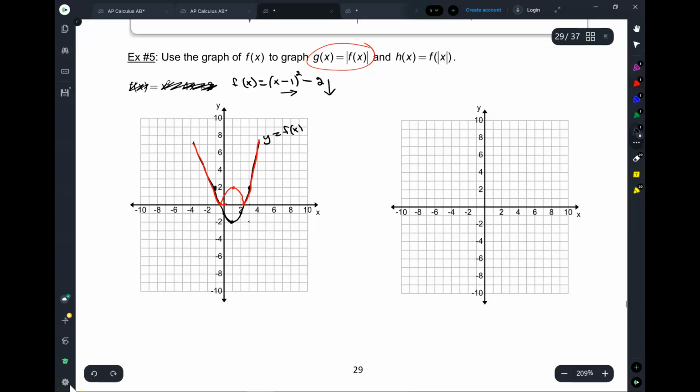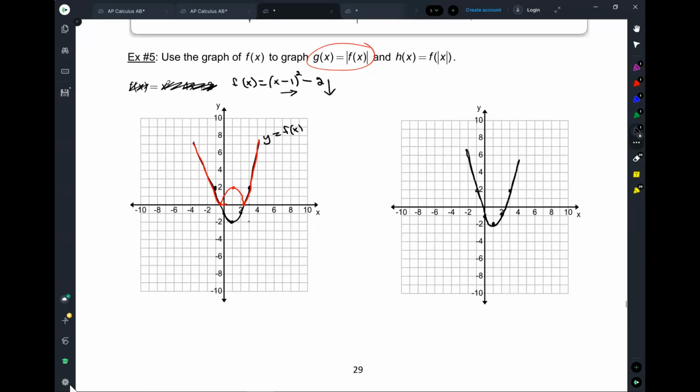So now, for f of absolute value x, we're going to start with the same graph. So at negative 1, we're at negative 2, and then here, and here. Okay, so that's what we had before. Now what is going to happen?